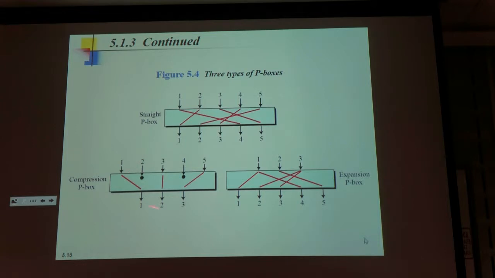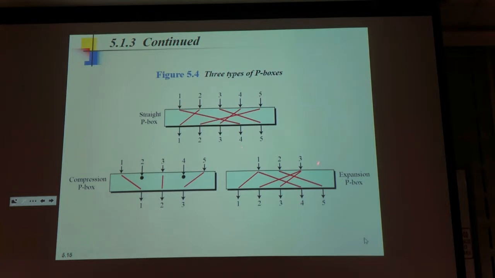Here we call it compression. You have 5 inputs, and you have 3 outputs. So we're going to lose the values of 2 and 4. And then here we have the expansion P-box. We have 3 inputs, so the input pin number 1 went to output 1 and output 4.